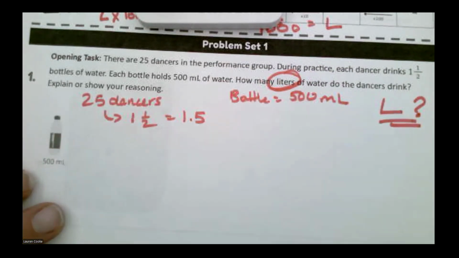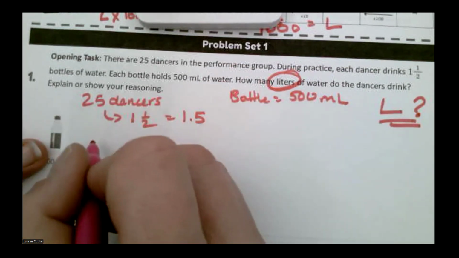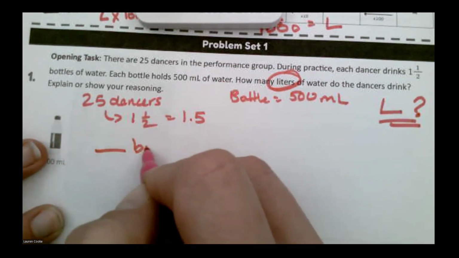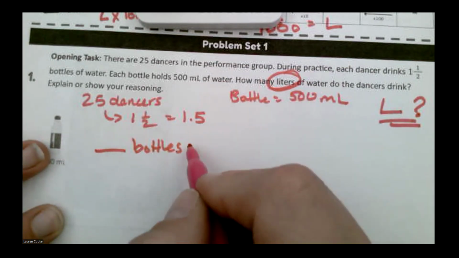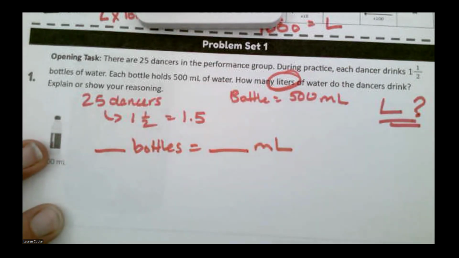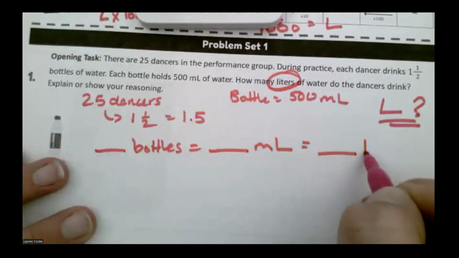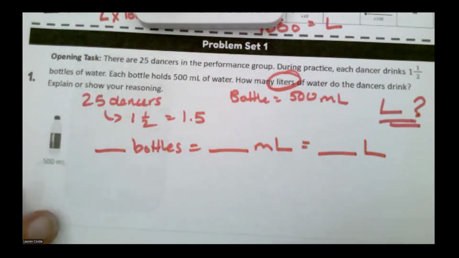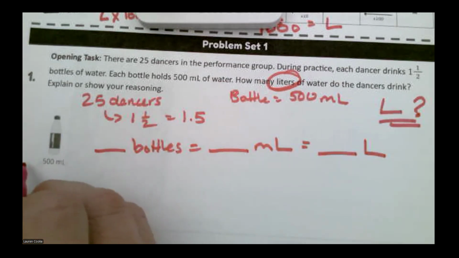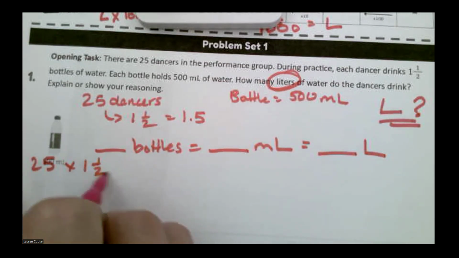All right, so let's check this out. First I need to find the number of bottles. This is my plan. Then it'll tell me the number of milliliters if I multiply by 500, and then I can finally convert it into liters. So let's find the number of bottles first. I have 25 dancers times 1.5.